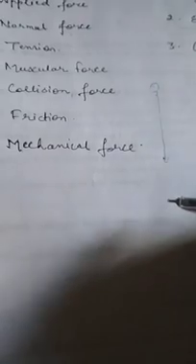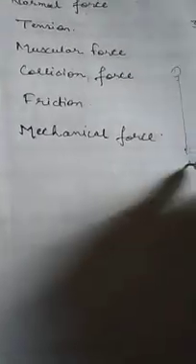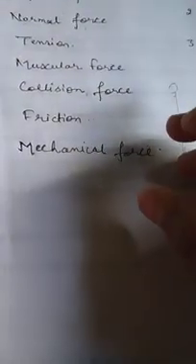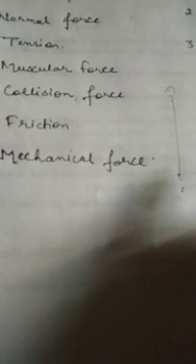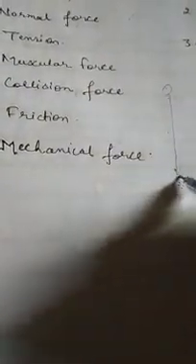Suppose a ball is moving, and after some movement it gradually slows down by itself, and finally it comes to rest. Why does it come to rest? Why is it not continuously moving? If you kick a football or throw a ball, the force of friction on the ground opposes its motion, and finally the ball comes to rest.